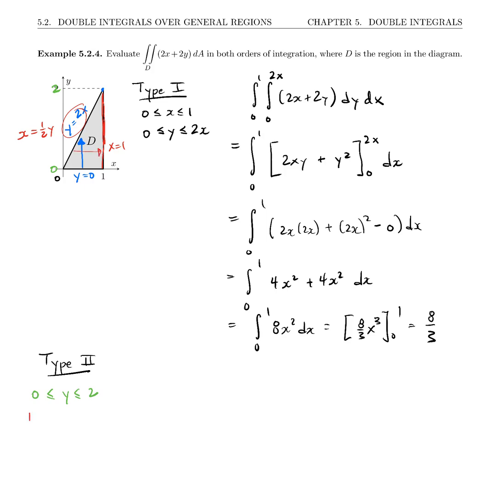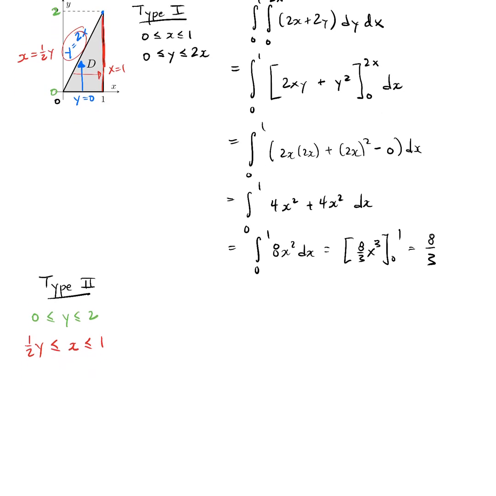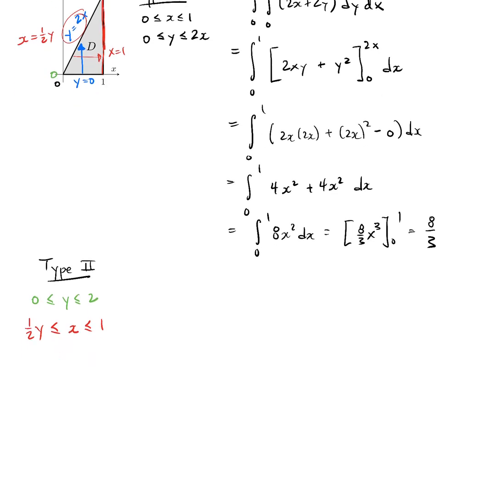And so 1/2 y is less than or equal to x is less than or equal to 1. Those give us the bounds of the iterated integral in the type 2 order. And so we have from 0 to 2, the integral from 1/2 y to 1 of the same function, 2x plus 2y, but now the order of integration has changed: dx dy.